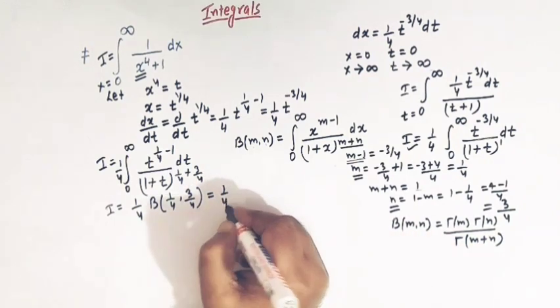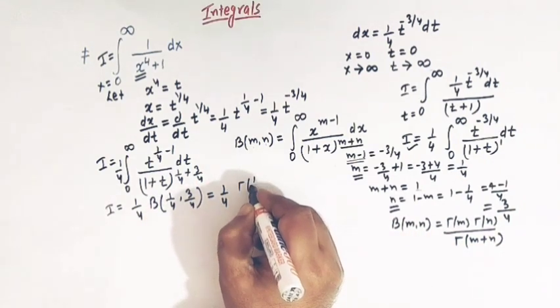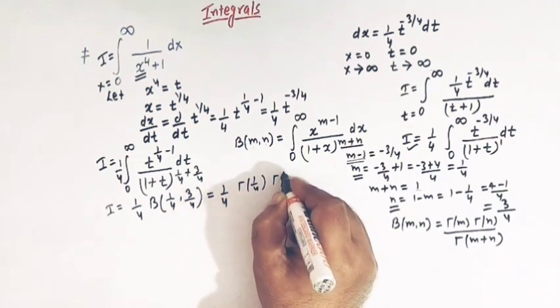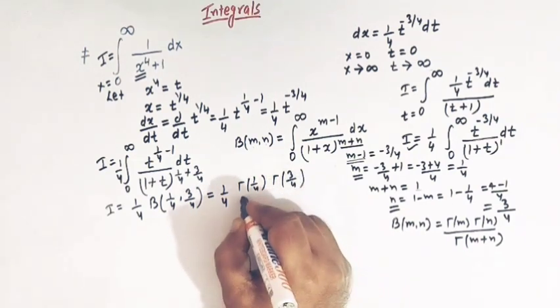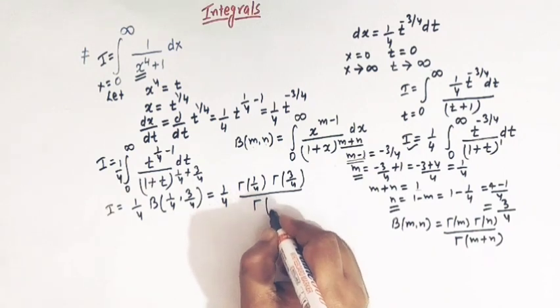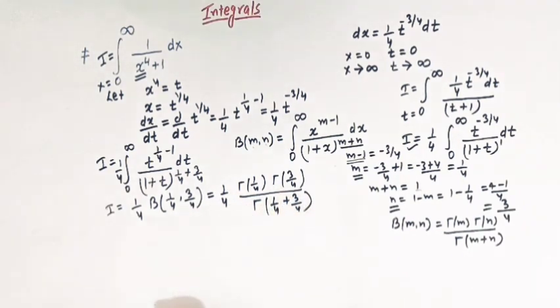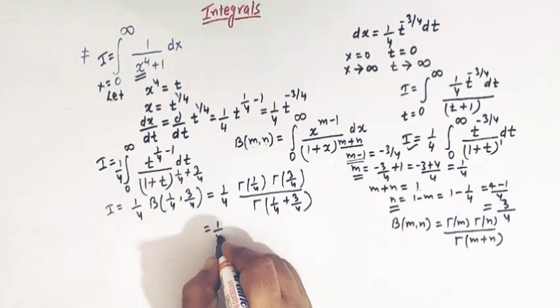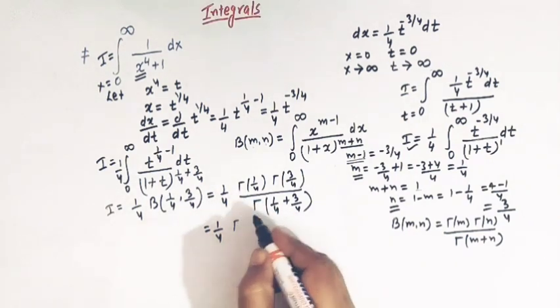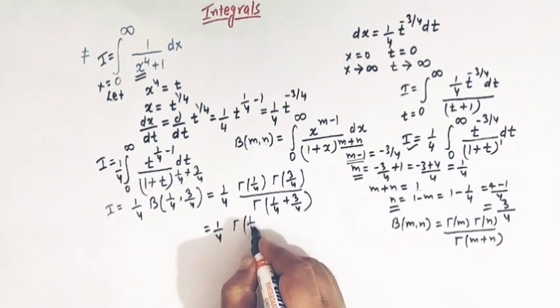So here we have 1 by 4, gamma of 1 by 4, gamma of 3 by 4 divided by gamma of 1 by 4 plus 3 by 4, right? So this is 1 by 4 and we have here gamma of 1 by 4.